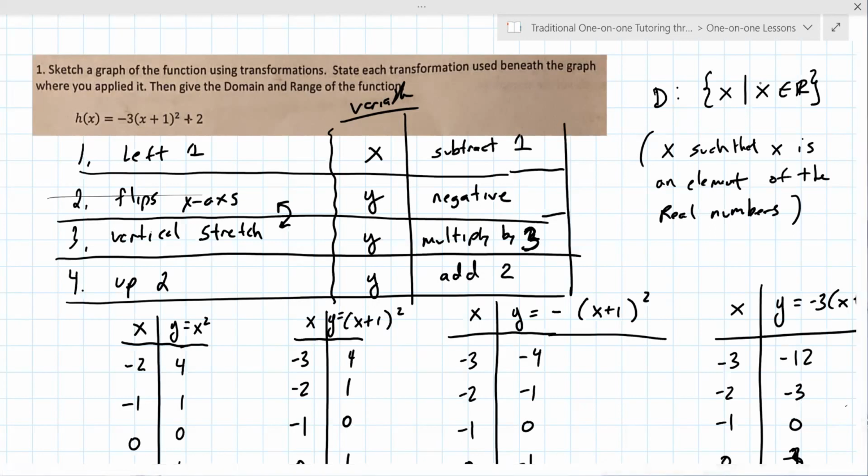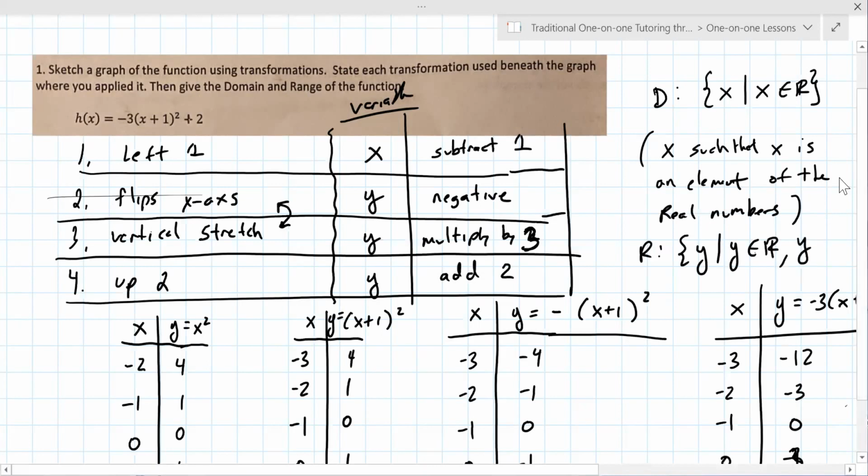So then, I guess the range would be 2. You have it going here, and it always starts out that the thing is an element of the real numbers. And because it opens down, this is very important, 2 is greater than y. It's y less than or equal to 2.